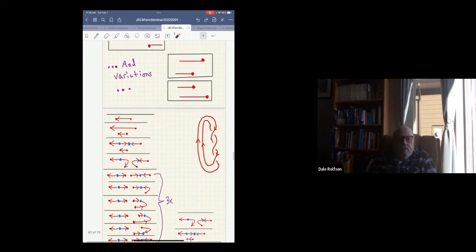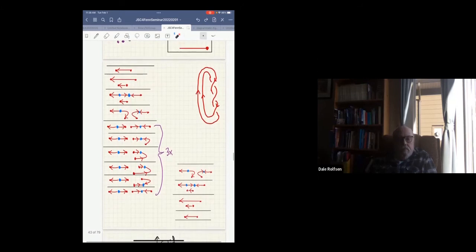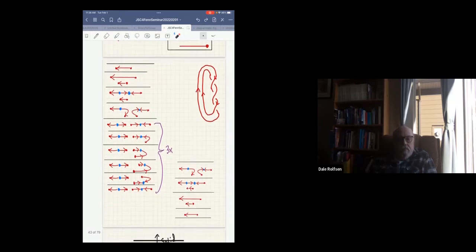And now, this is something that many of you have known since your childhood, namely that if you take a piece of paper, put 3 half twists in it and glue it together, you get a Mobius band. And if you cut it down the middle, you'll get an annulus.